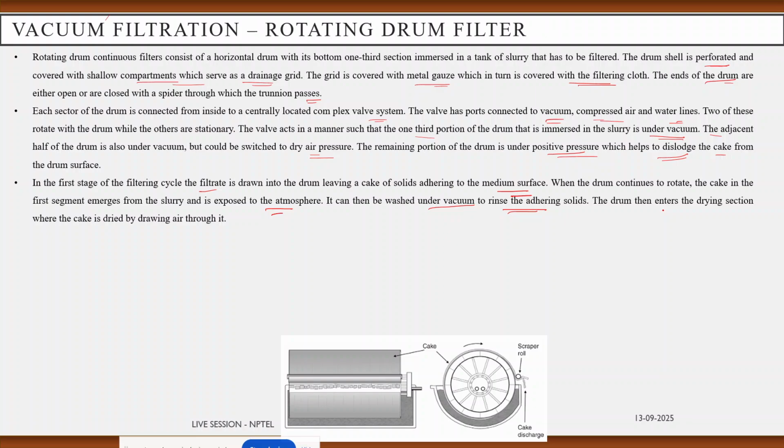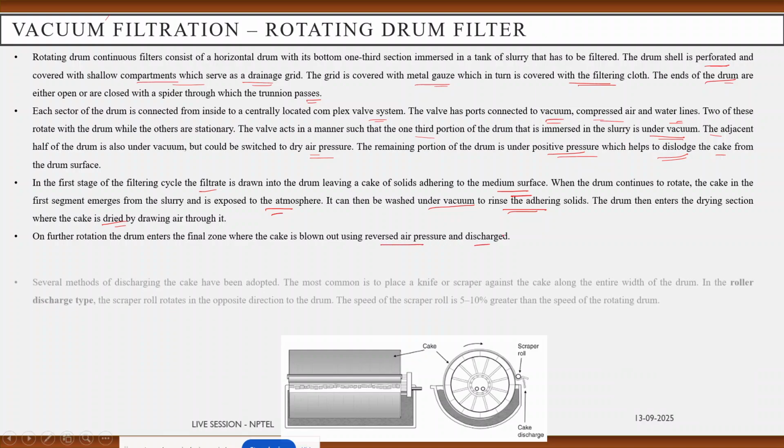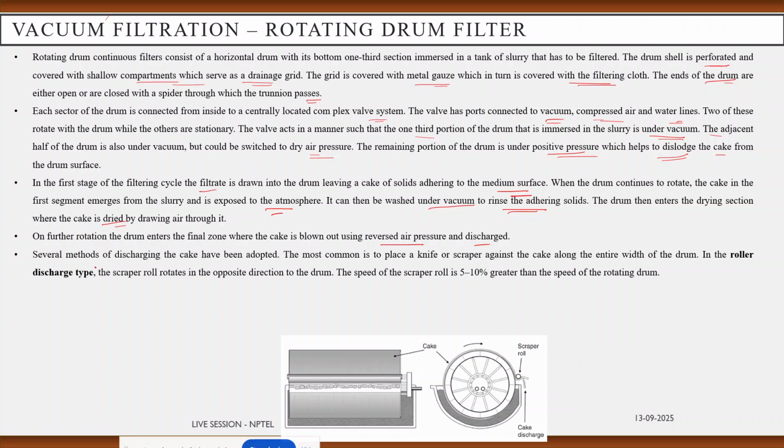The drum then enters the drying section, where the cakes are dried by drying air. On further rotation, the drum enters the final zone where the cake is blown out using reversed air pressure and discharged.